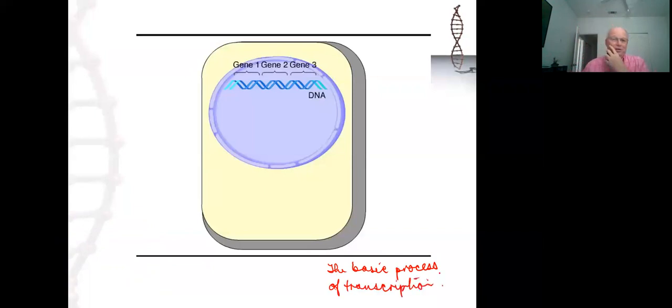So this animation just shows you the basic process of transcription. Nothing more complicated than that. And it works you through what happens in the transcription process. Now I'm going to talk about it in a little bit more detail. So I'm just going to move on, but you should take a look at this animation to get a basic feel for what transcription is all about.